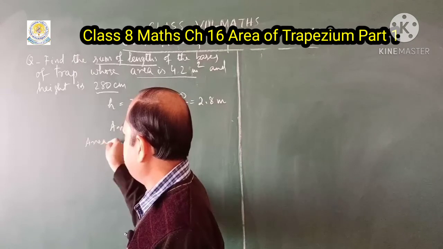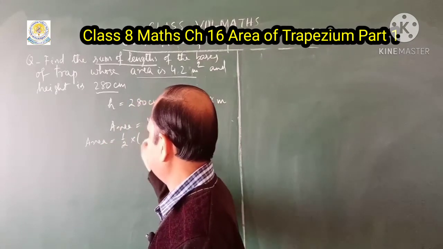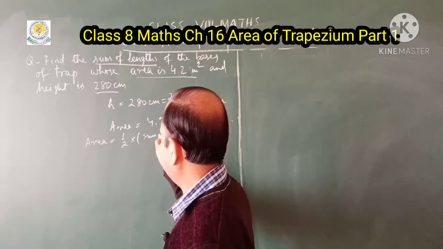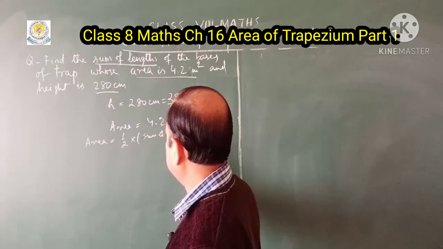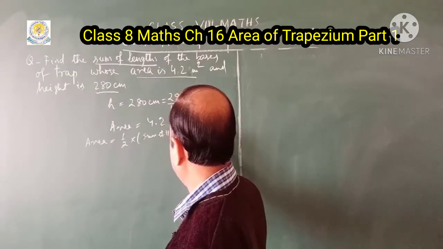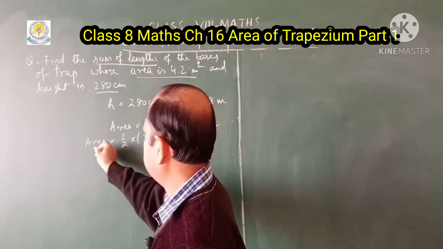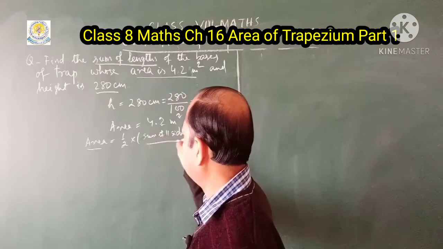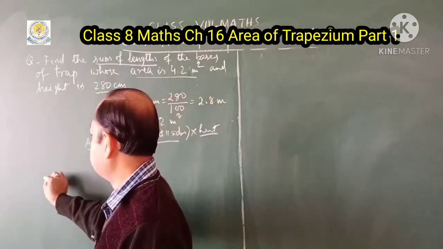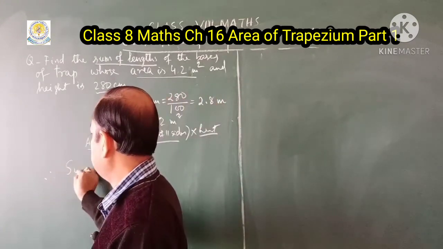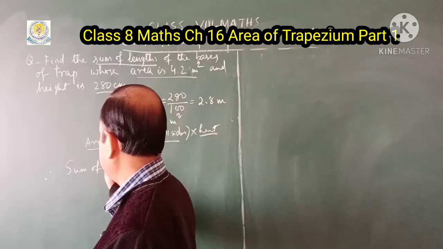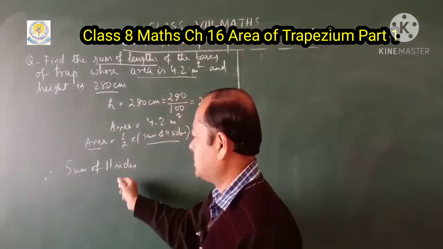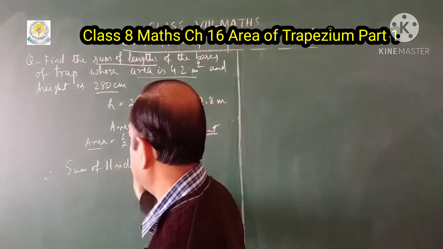The area formula is half into the sum of parallel sides into height. Okay, so here area we know and height we know. We have to find the sum of the parallel sides. So the question is asking the sum of parallel sides. Here I am giving this symbol to signify the parallel sides.